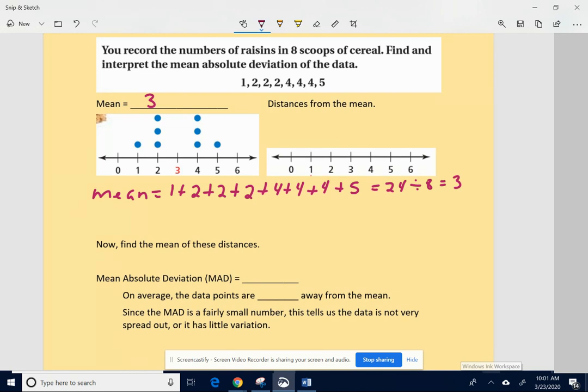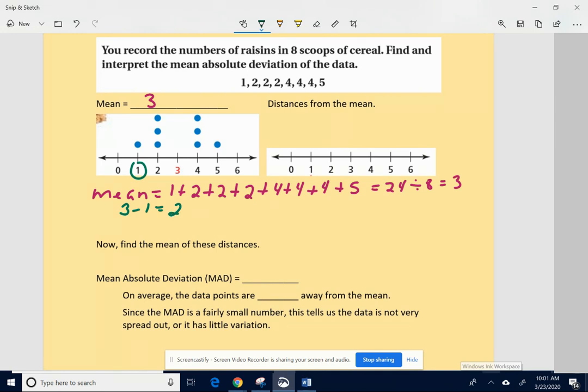Now what we're trying to do is find the difference between every data value and the mean of 3. Or think of it as distance: how far away each of these numbers is from 3. I'm just going to focus on one at a time. The 1, you may not need to go through all this computation, but 1 is 2 away from 3. You could subtract if you wanted.